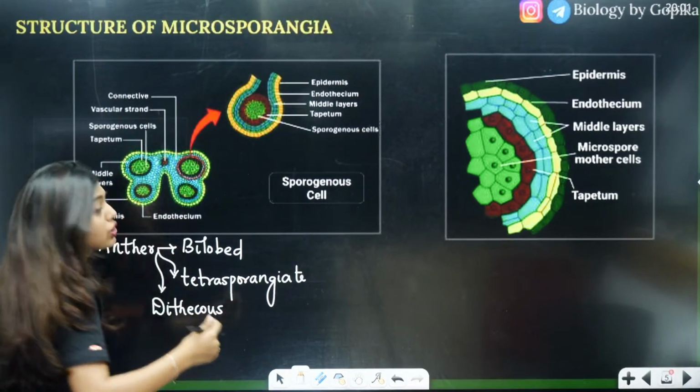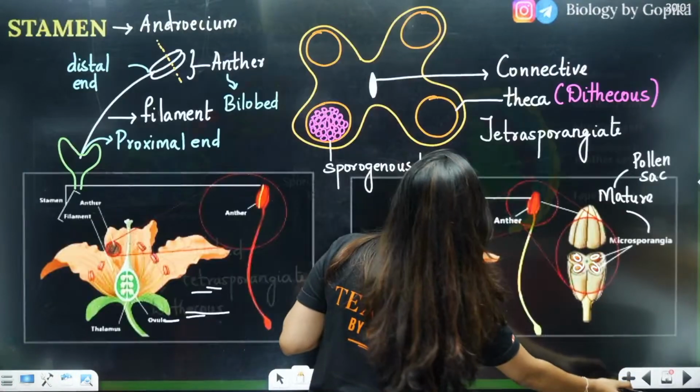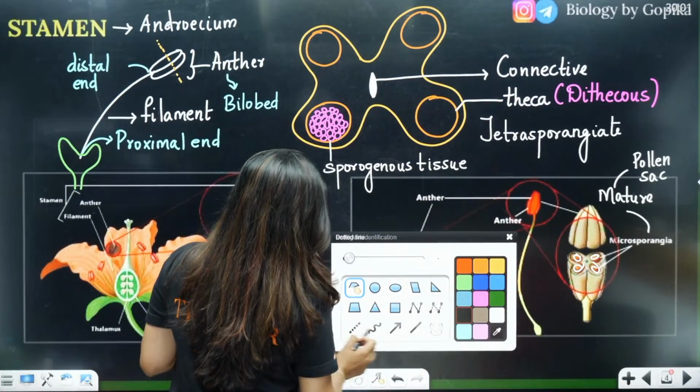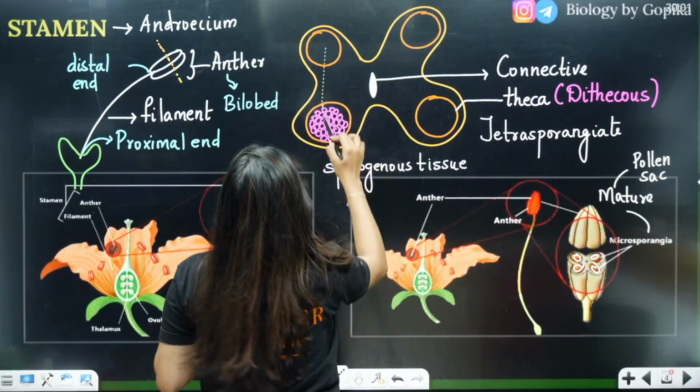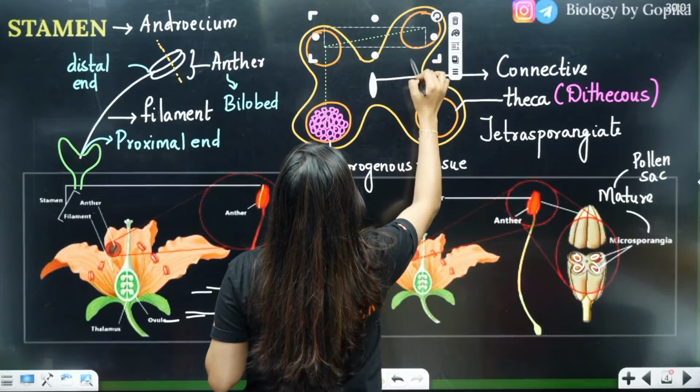According to shape, people also say it is tetragonal in shape. Let's say I take this and do it like this.